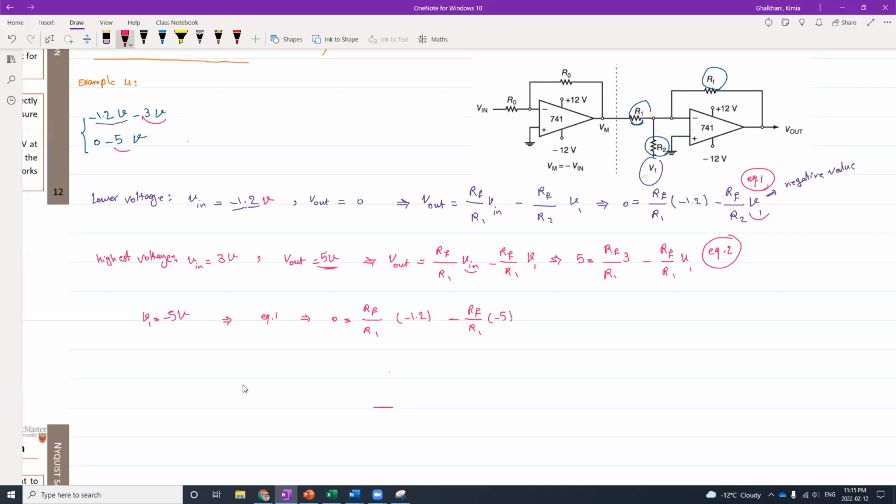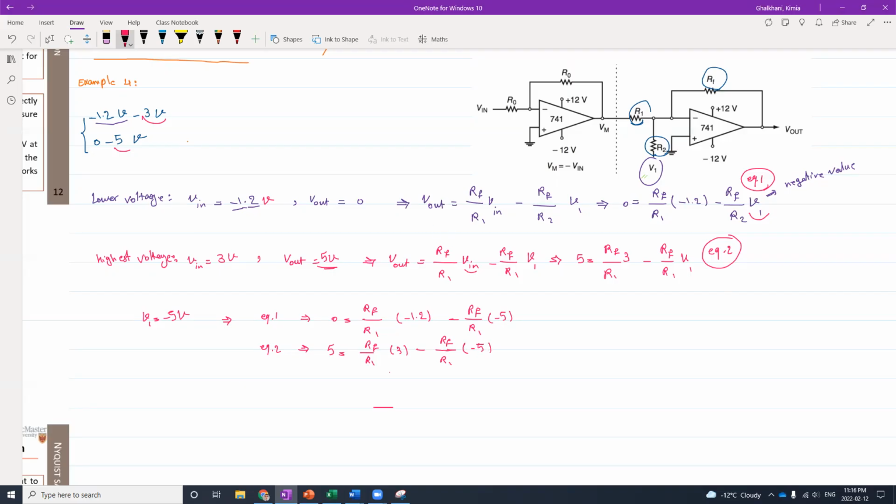How about equation 2? From equation 2, I have the same thing: 5 equals RF over R1 times 3, minus RF over R2, and again my V1 is equal to minus 5.